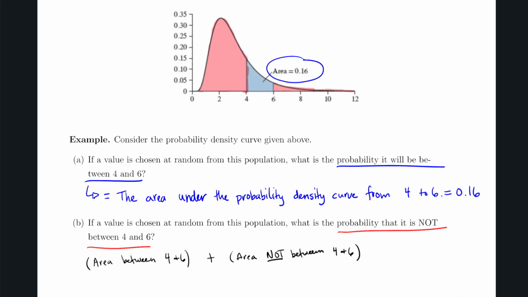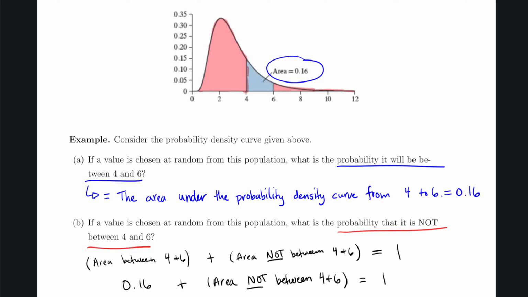Now, if you think about it, we could split up the entire graph into the area between 4 and 6 and the area not between 4 and 6, and that would give you the total area, which from one of our principles in the box at the top of this page of notes, we know the total area under the curve is equal to 1. So now we can set up an equation because we know the area between 4 and 6 is 0.16 plus our unknown area.